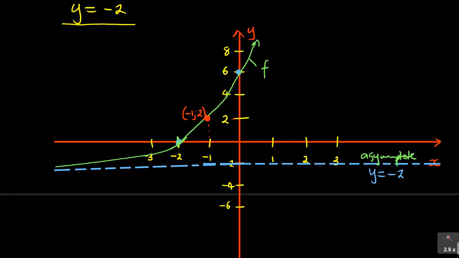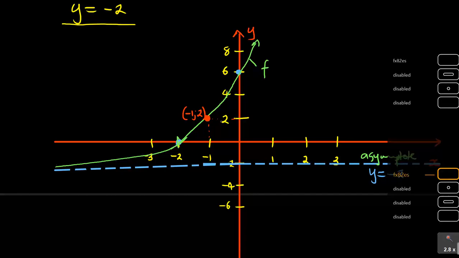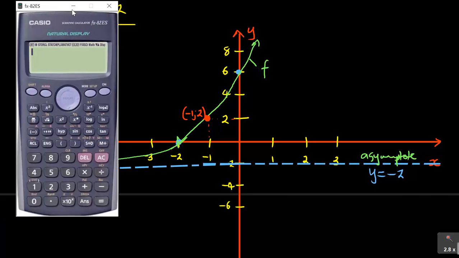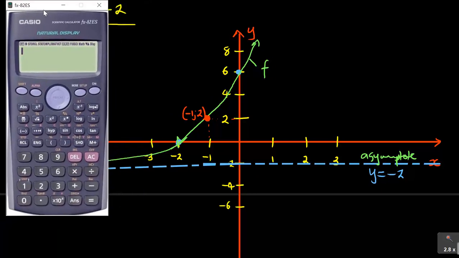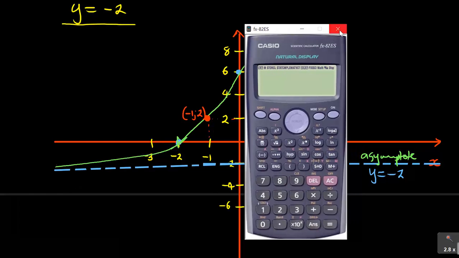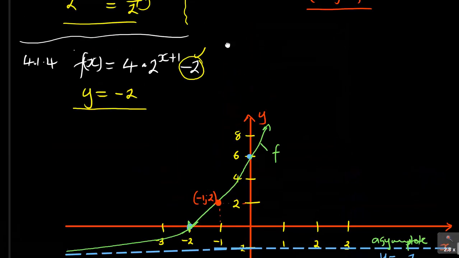You need to name that point. You can choose any point. For example, you can say when x is equal to negative 3. So you come to the original equation here.